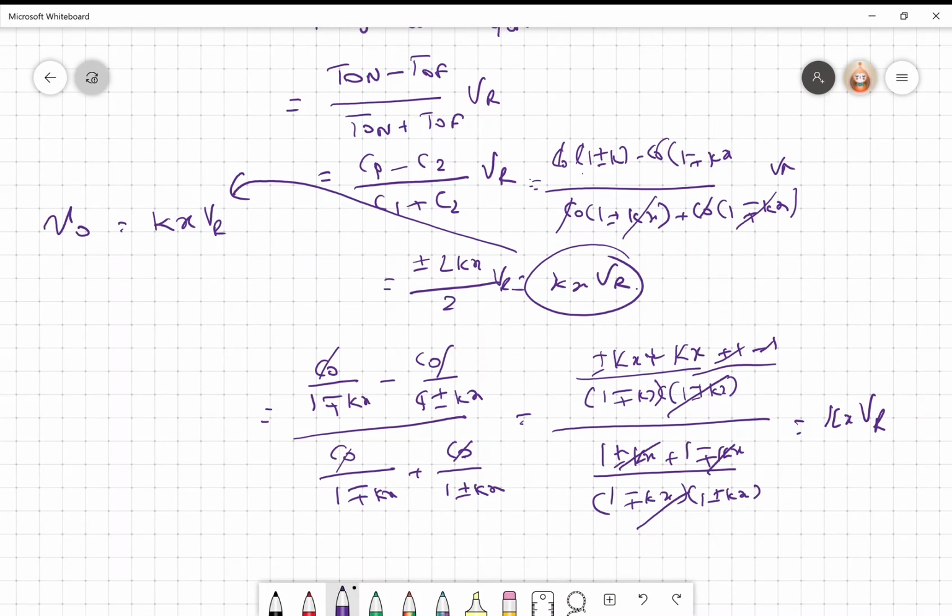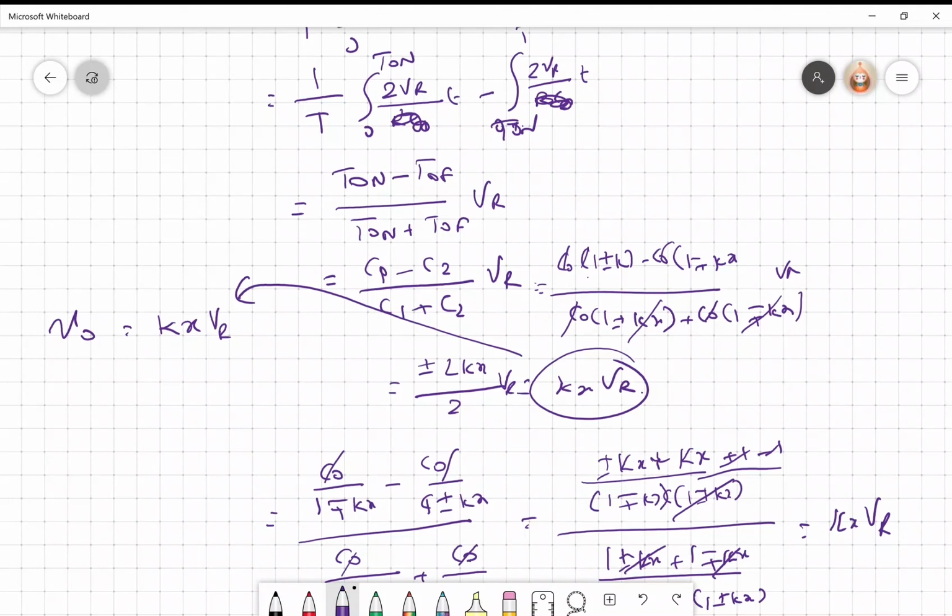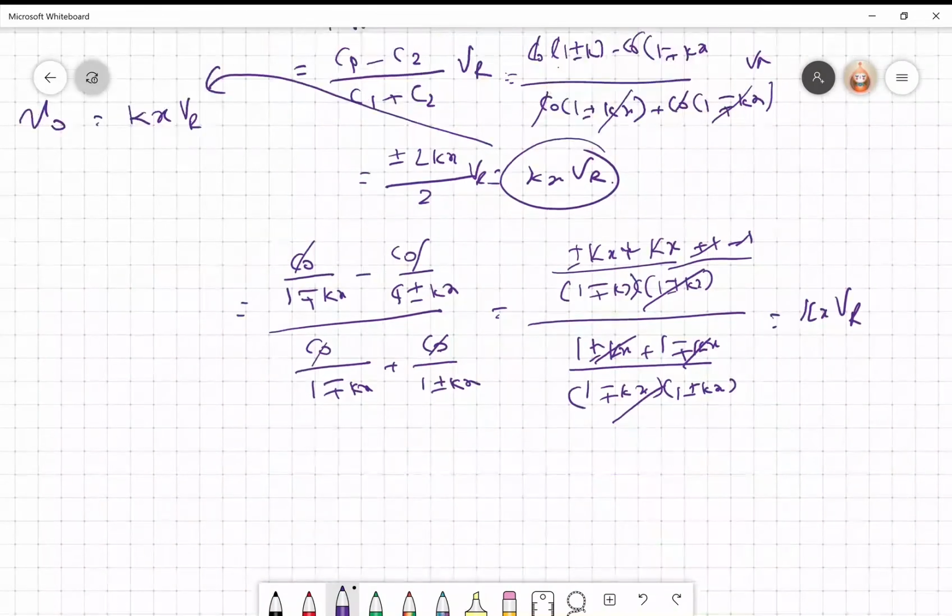So whether I have linear relationship or inverse relationship, I get the same output. So with this relaxation oscillator circuit, we can get an analog output which is proportional to the displacement being sensed by the capacitive sensor. Thank you.